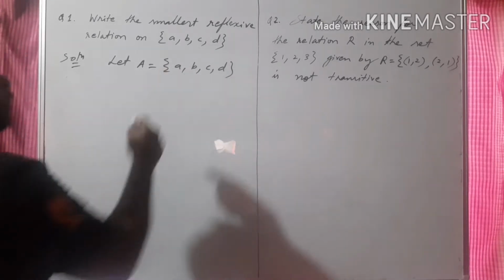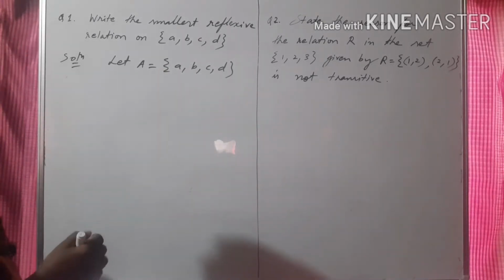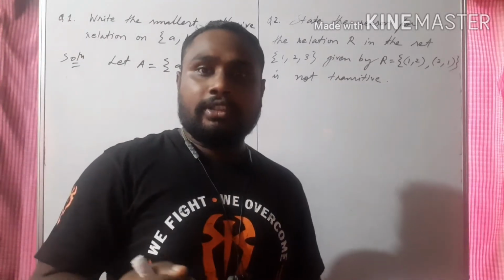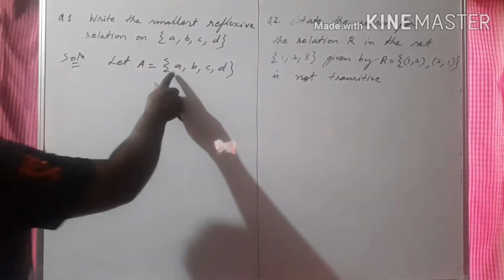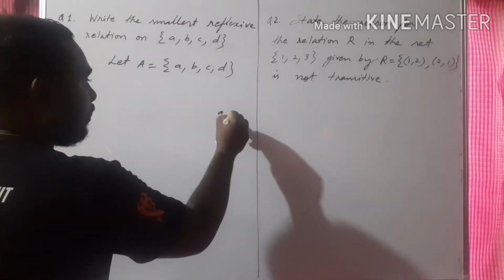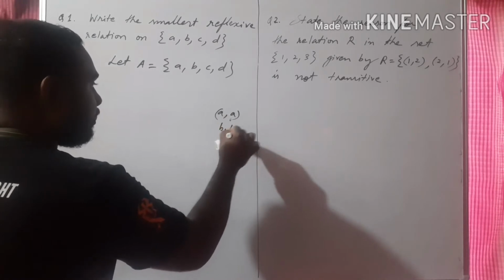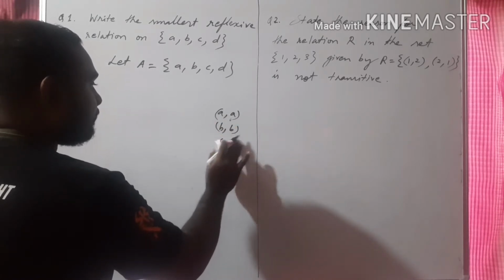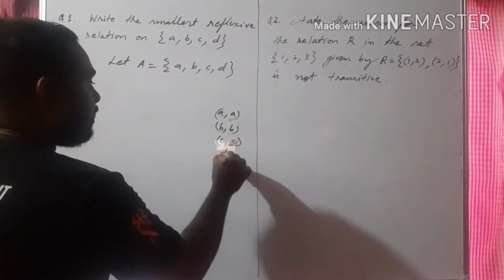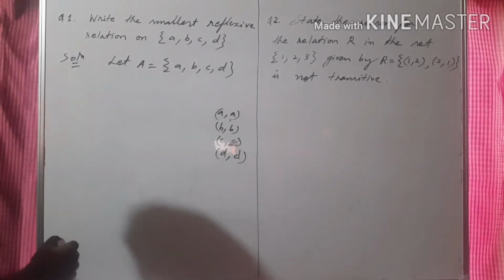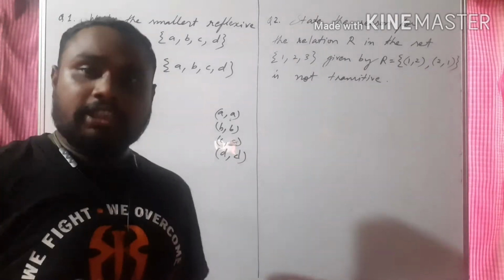Okay, so the smallest reflexive relation, in order for a relation to be reflexive, for all the elements I will need A A, B B, C C, D D. All these elements must be in the relation.